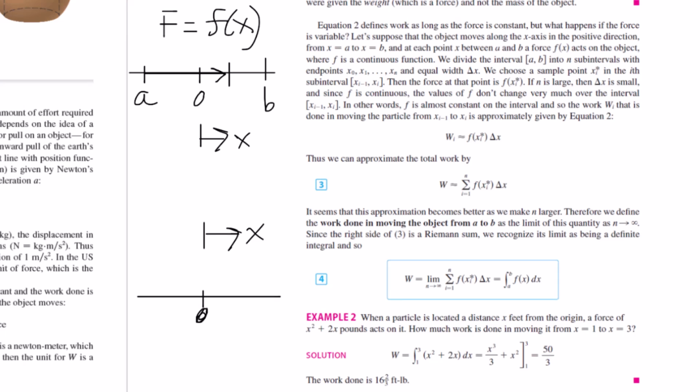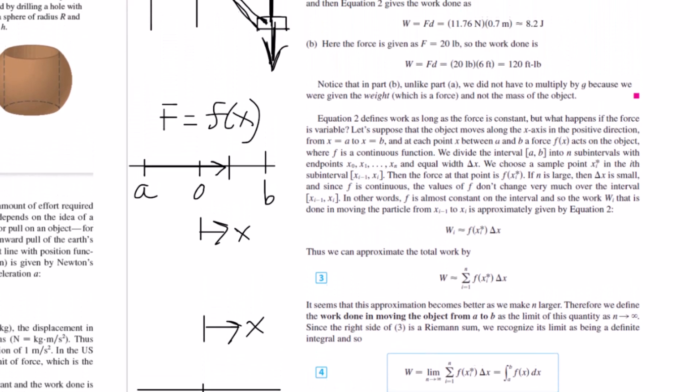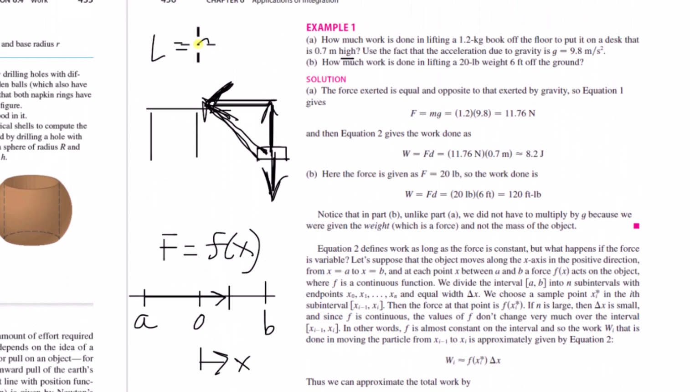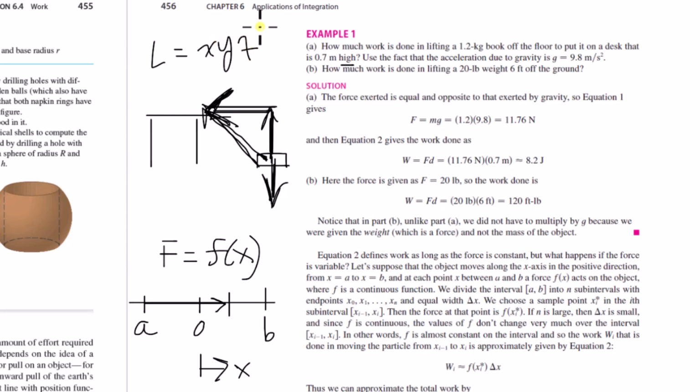You see, if you had L is equal to X, Y, Z, then you have to treat Z as the independent variable, and you have to represent both X and Y as a function of Z. You'd have to represent it as dependent variables that are functions of the independent variable. Then you can turn it into the idea of finding an area under the curve, right?